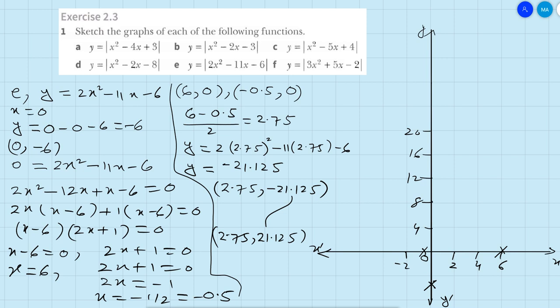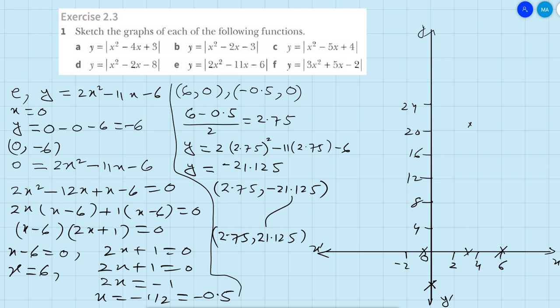This is 20, obviously this is 21, and just a little to the right, this one, because we need 2.75, not 2.5.